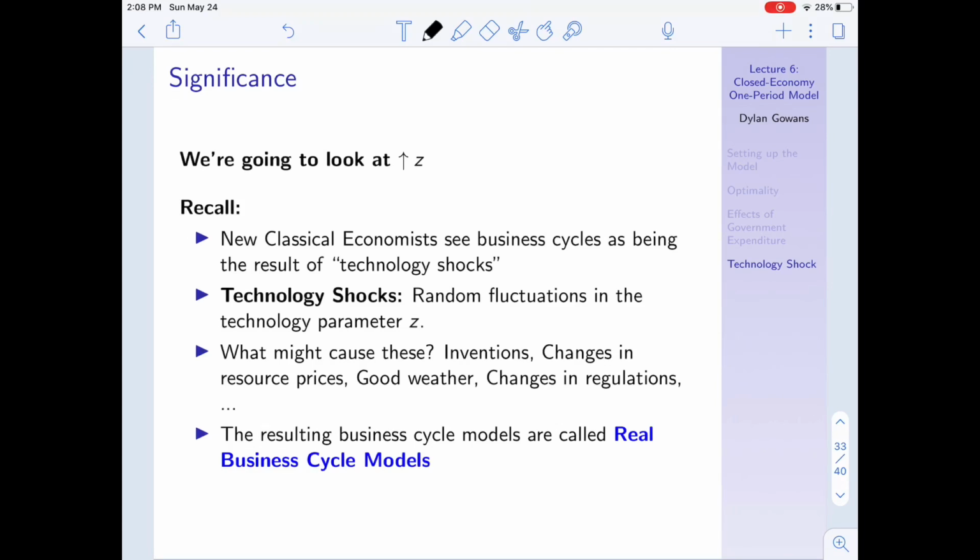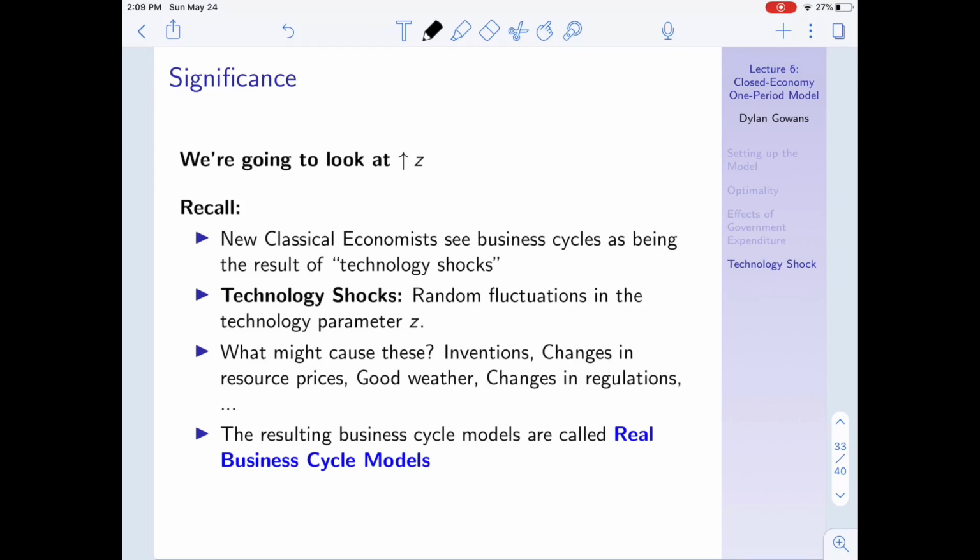What might cause these changes in Z? Well, it's never totally clear, to be honest, but we might have some ideas. Inventions, for example, something that makes us suddenly more productive for any given amount of labor or capital. Could be changes in resource prices. So if suddenly oil is really inexpensive and I'm a net consumer of oil to produce plastic, then suddenly I'm more productive, right?